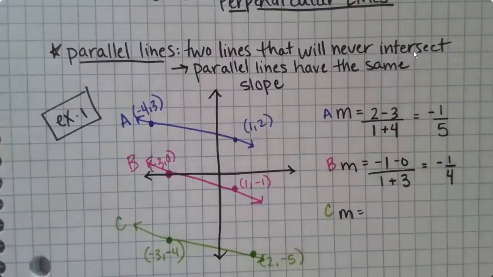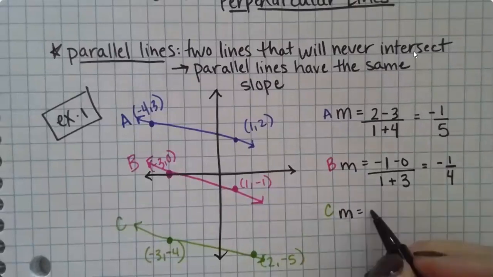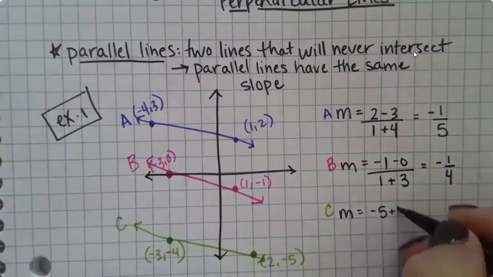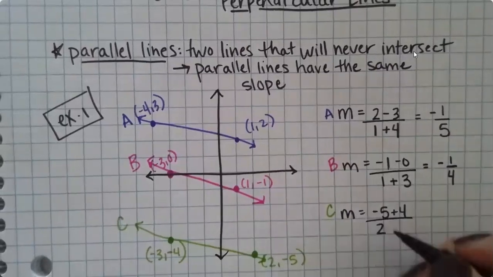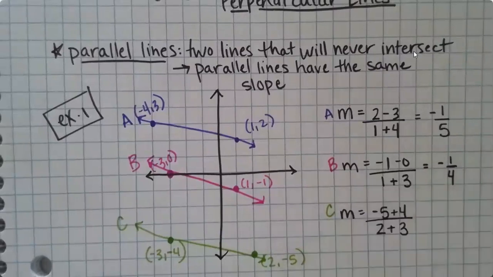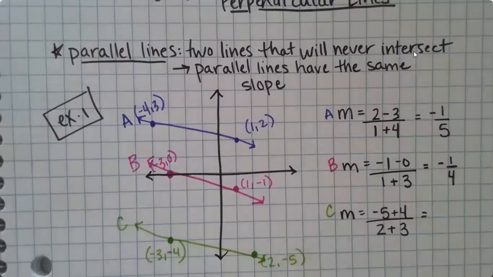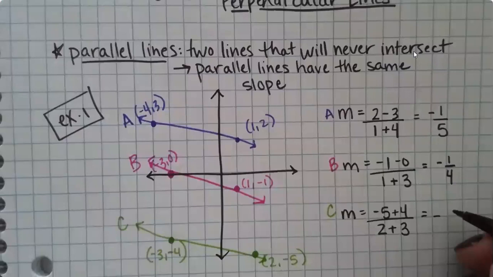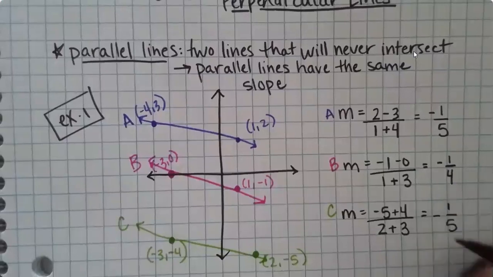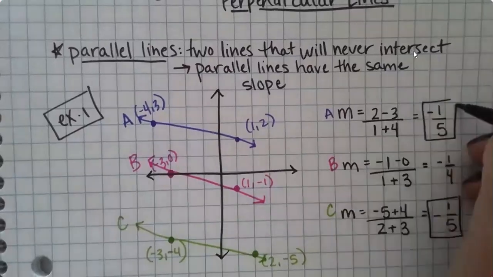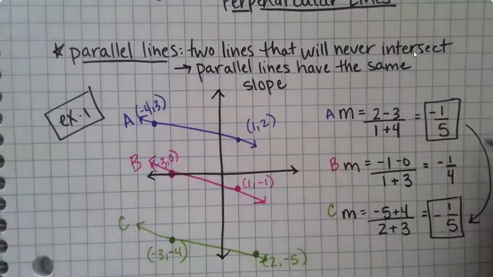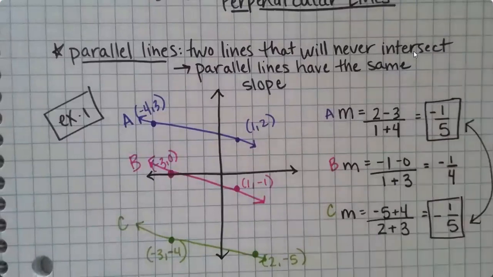If we use slope formula, y2, -5 minus y1 plus 4 over x2, 2 minus x1 plus 3. If we simplify, we get that the slope of line C is -1/5. So you can see that lines A and C have the same slope.